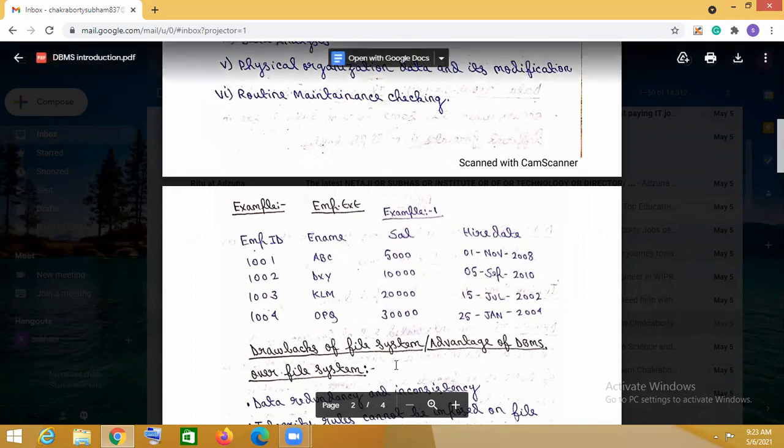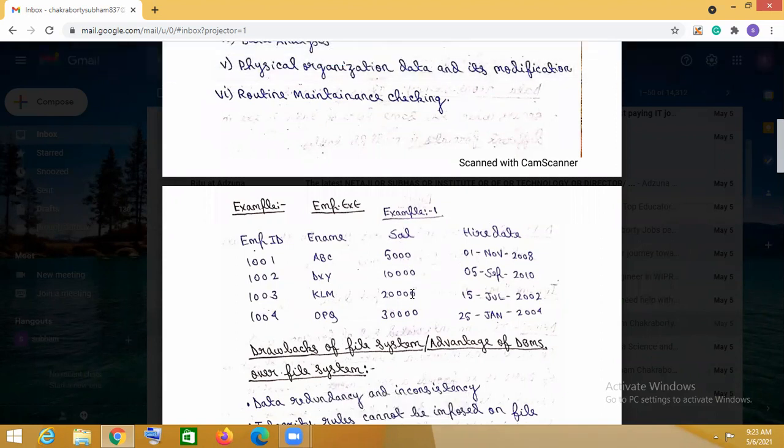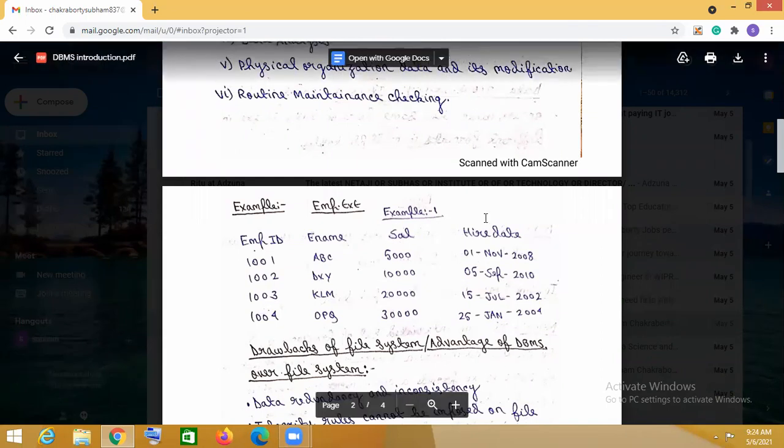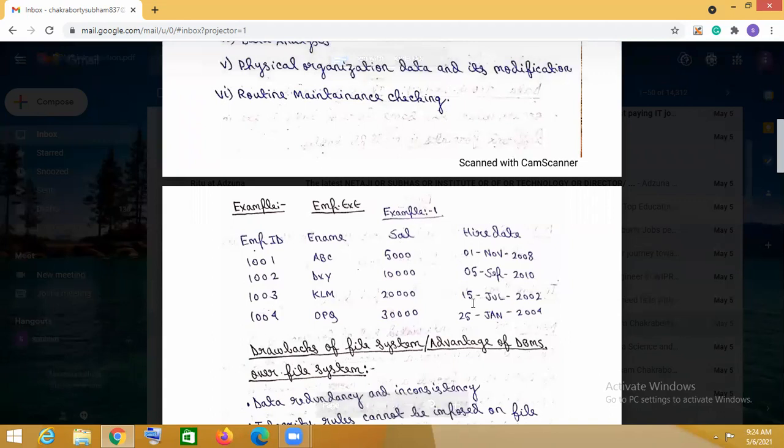You can store it in a file also, but then what is the advantage and preference of the DBMS? Why should we use DBMS? We should use DBMS because there are some drawbacks of the file system, and some advantages of the DBMS over the file system are applicable. That's why we use DBMS.